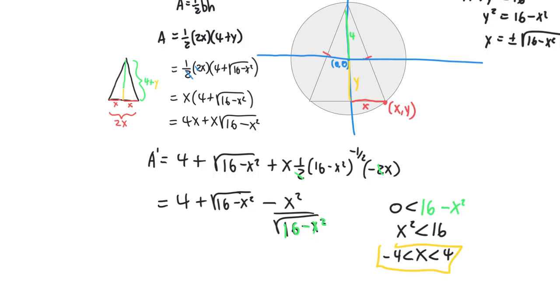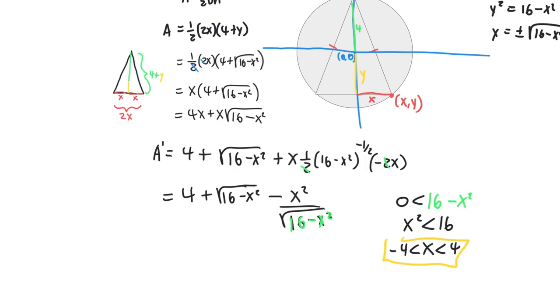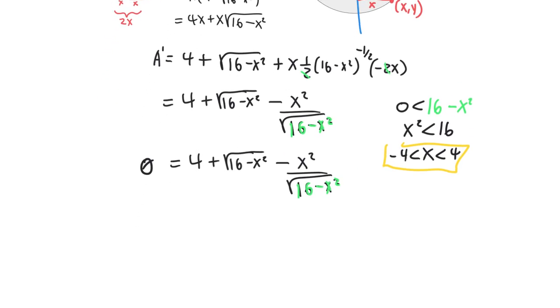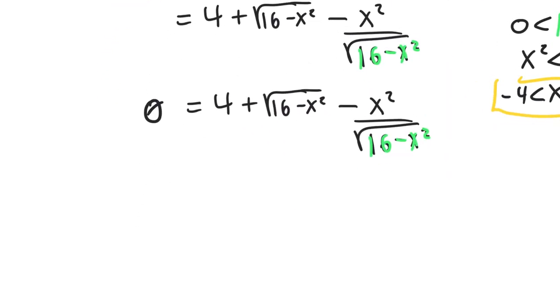Now, of course, we are to go on our mission, which is to set this equal to 0 and solve for x, right? So we can set this equal to 0 and go on our mission to solve for x.